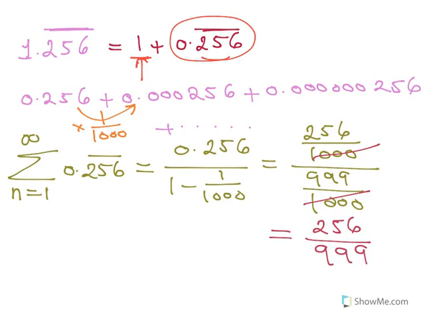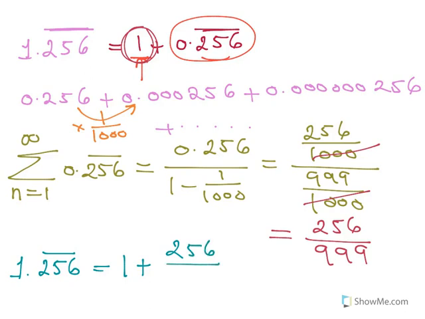But we don't forget that we have 1 to begin with, because we're converting another number. So 1.256 that repeats is 1 plus 256 over 999.